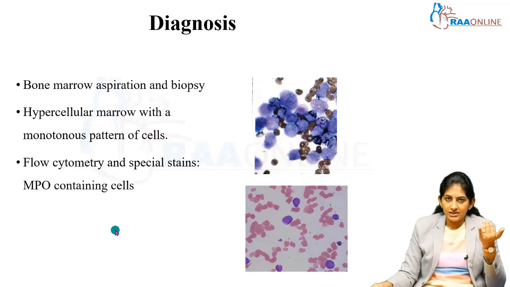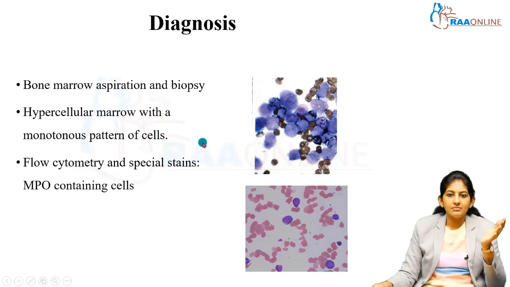Of course, first is a complete blood count, which will show a very high degree of white blood cells. In your smear, you will see a lot of blasts, and depending on the blast that you see, you then go through the bone marrow aspiration and the bone marrow biopsy examination. Your bone marrow is going to show a very hypercellular marrow, with a monotonous pattern of cells, which are the blast cells.